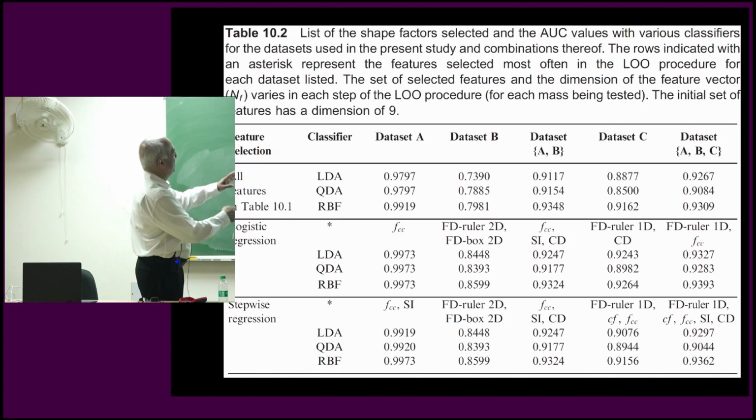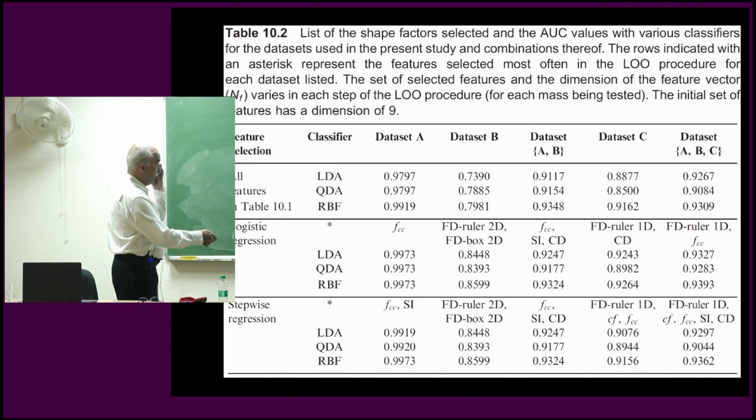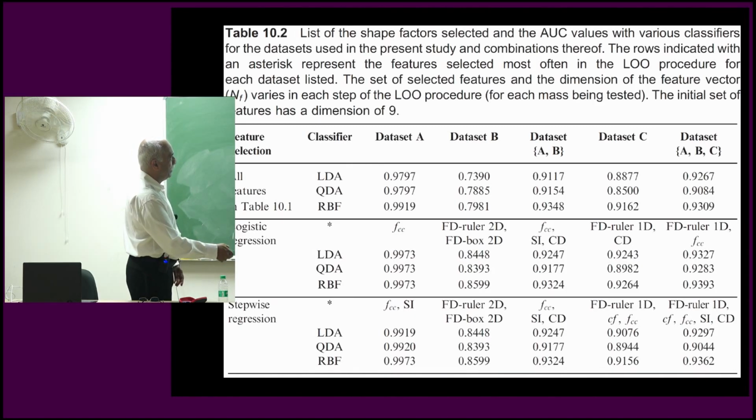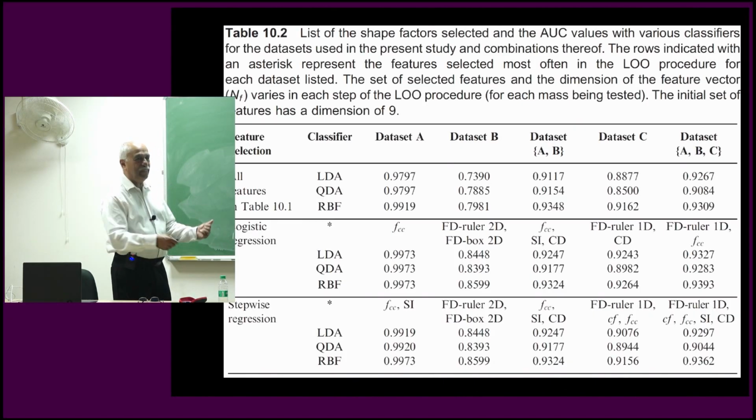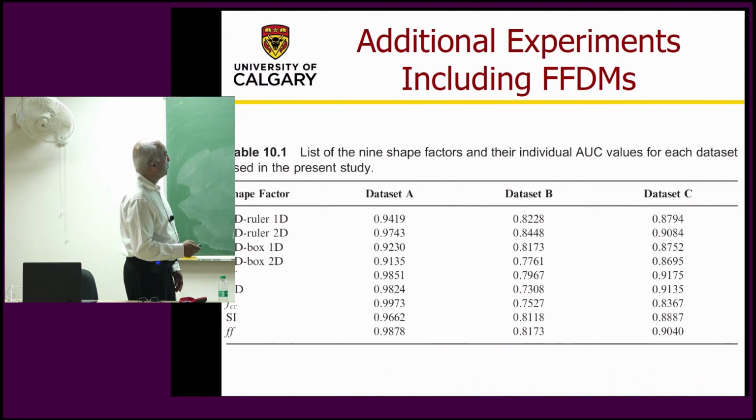So lots of these results, but sometimes going up to 0.99 with just 2 features. Sometimes more features were selected, but the results are poorer. So it depends on the classifier or selection process, which features are selected. So you get different results.